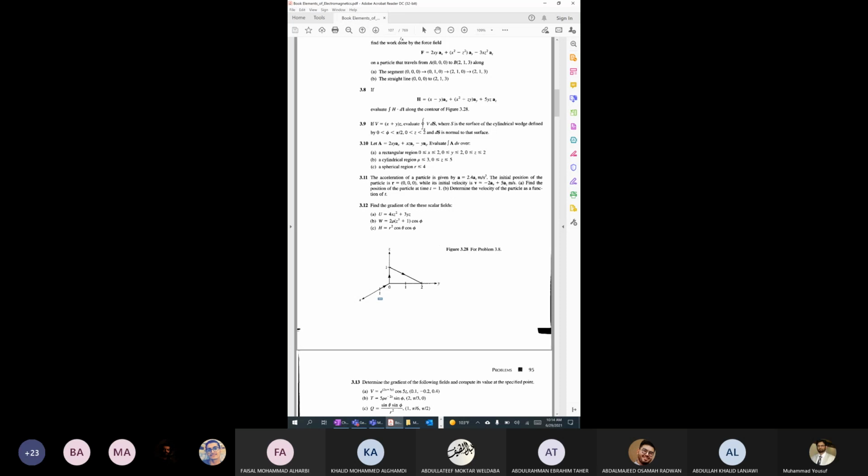This is a cylindrical wedge, and it will have a different surface area if the radius is different. So what is the radius here?